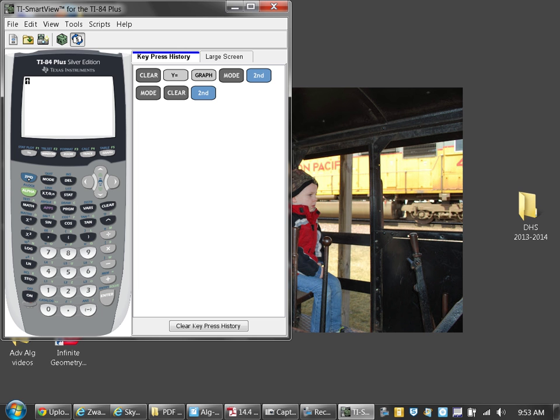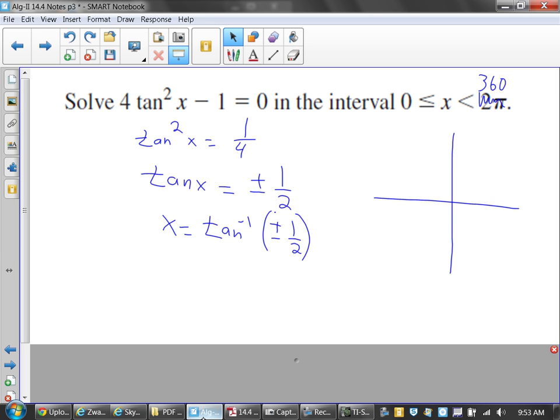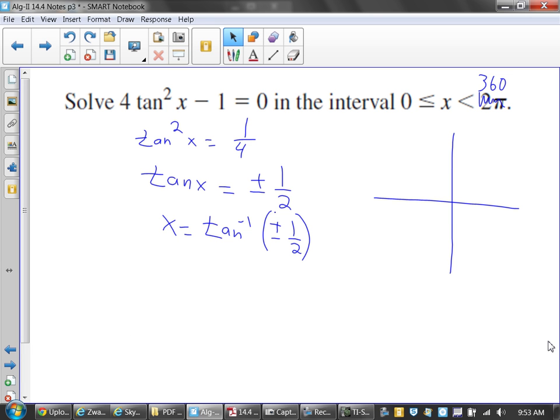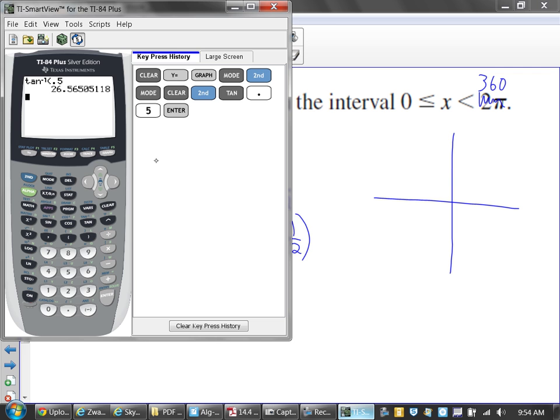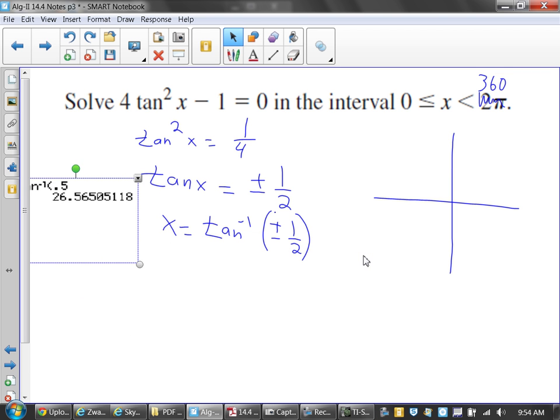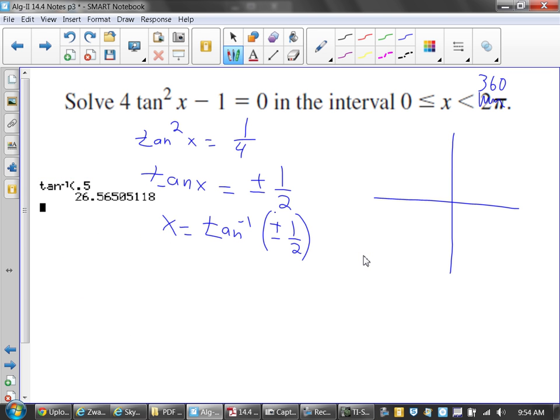Inverse tangent of a half: 26.57. Everybody okay with that? So that's telling me that the tangent has a reference angle of 26.57.